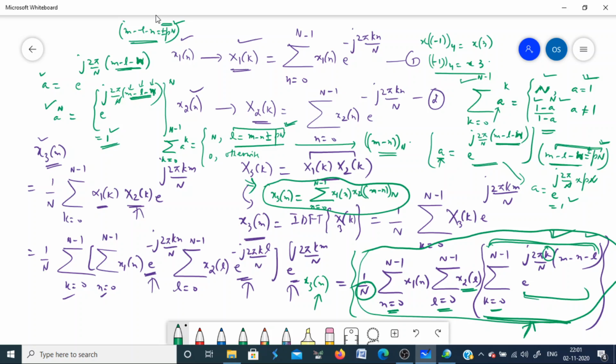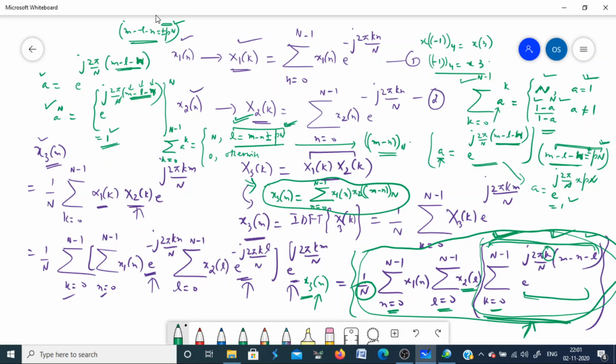Okay, so this series is now eliminated because this series is replaced by capital N, and it will become capital N when this condition is satisfied. Otherwise it is 0. If it is 0, this entire x3m will become 0.